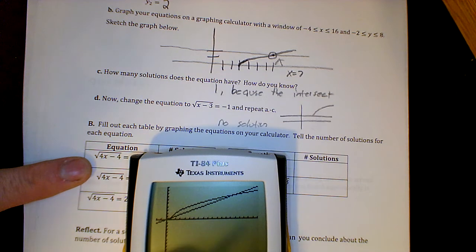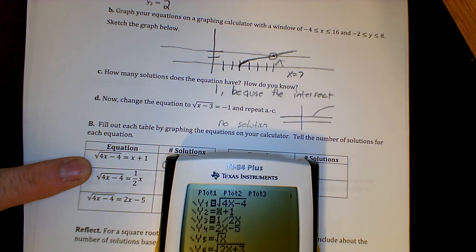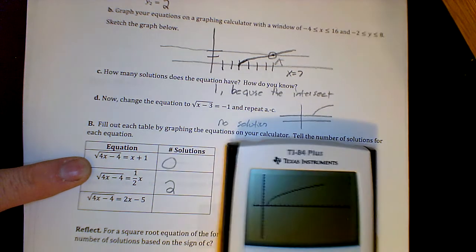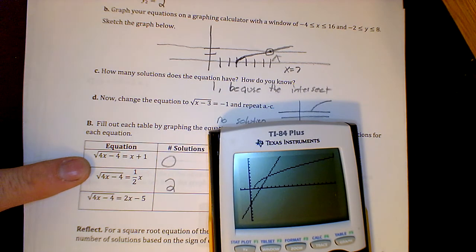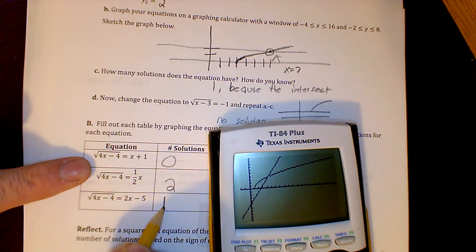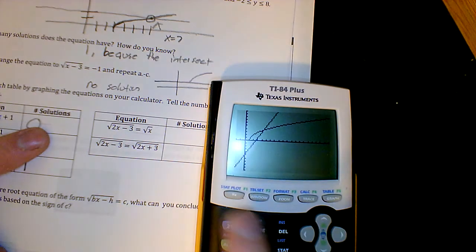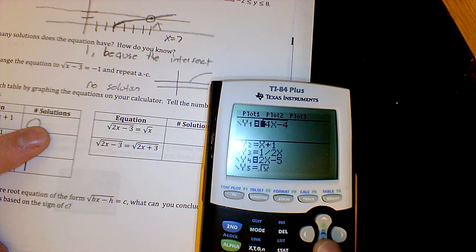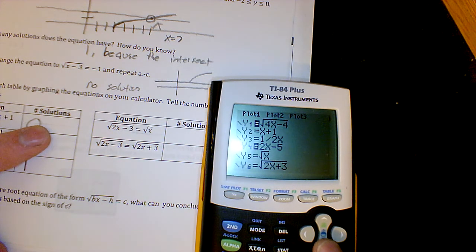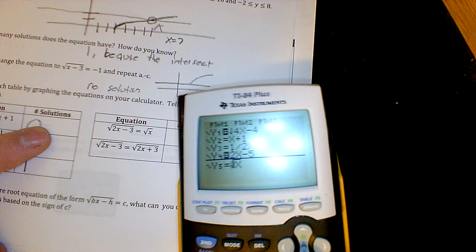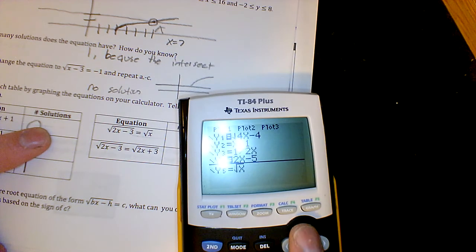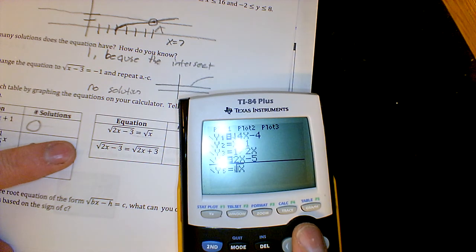All right, and then we're going to do it one more time. We're going to unhighlight this one right here and highlight this one right here. Let's graph one more time and see what happens. There's our first one, which goes right through that one. So that's one solution. Come over here and we'll test these. I might have to type something else in. Let's see if I got these down here. We got 2x plus 3. Do I have a 2x minus 3 on here?